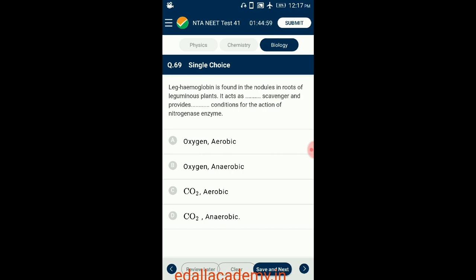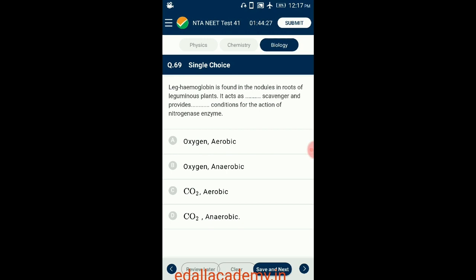Leghemoglobin is found in the nodules in roots of leguminous plants. It acts as an oxygen scavenger and provides anaerobic conditions for the action of nitrogenase enzyme. Enzyme nitrogenase is a Mo-Fe protein. It requires anaerobic condition to work. It is highly sensitive to molecular oxygen.